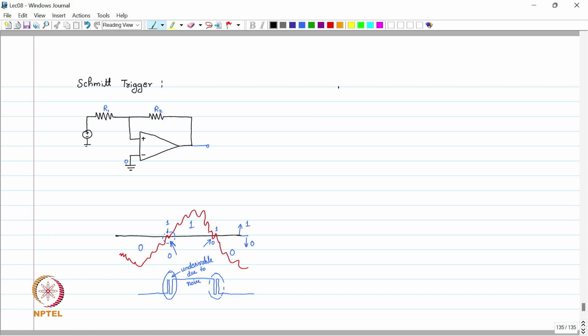So let's see the response of a Schmitt trigger. This is V out, and here this is V in, and the response of the Schmitt trigger is something like, while going high this goes like this, and at some point it triggers and goes to high voltage like this.